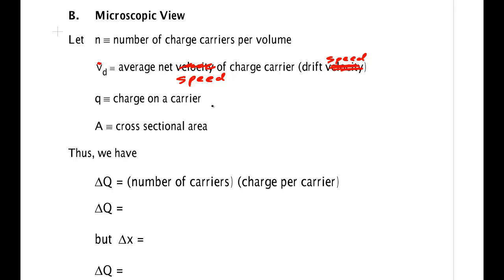Q is the charge on a carrier, and A is the cross-section. The amount of charge that moves in one direction depends on the number of carriers, that is the number of charged objects, whether that be electrons, atoms, or what, and the charge per carrier. Using the things we have up here, that's the number of carriers per volume times the volume.